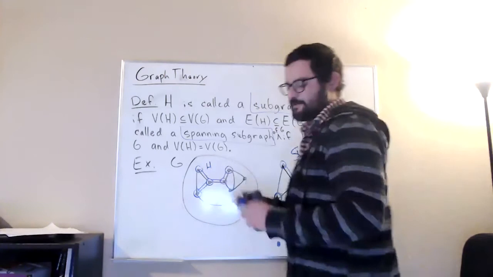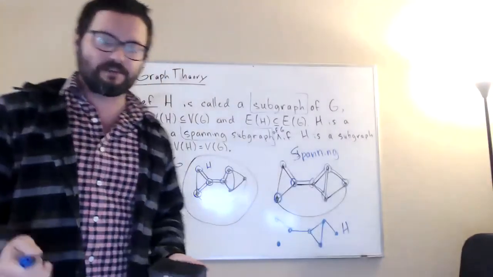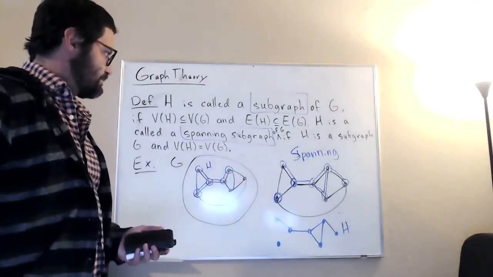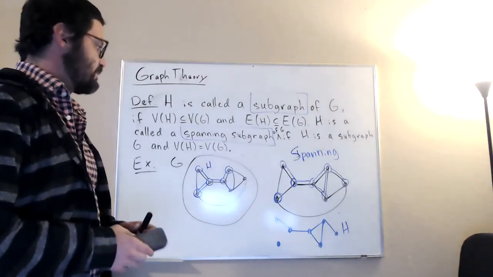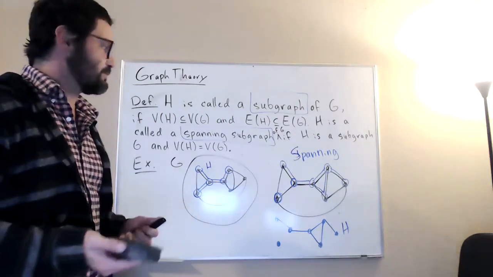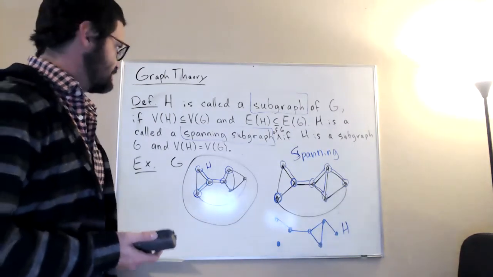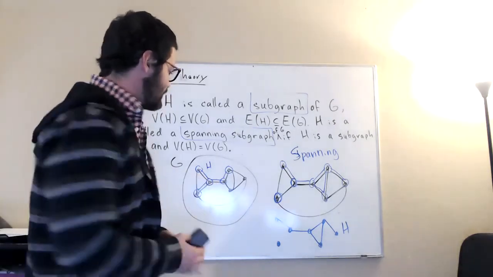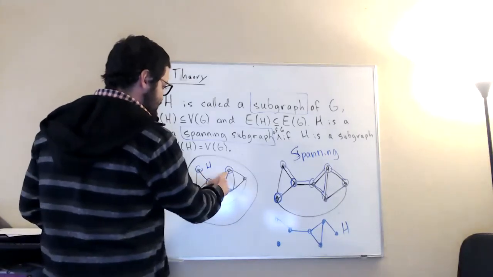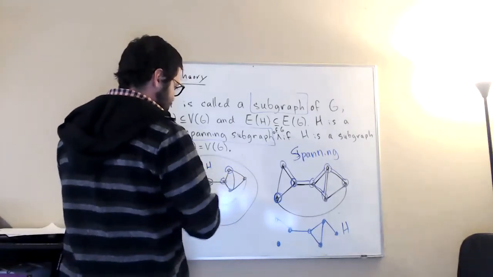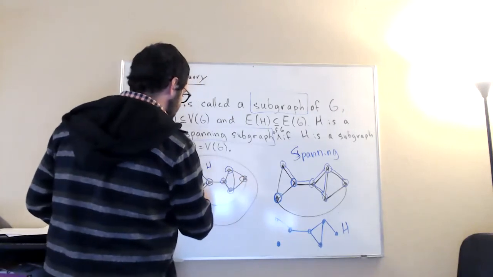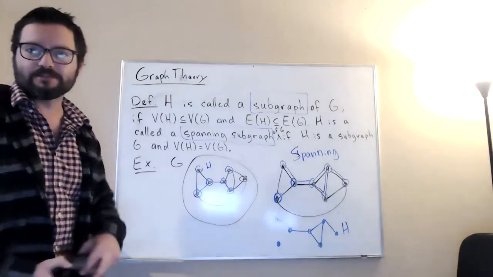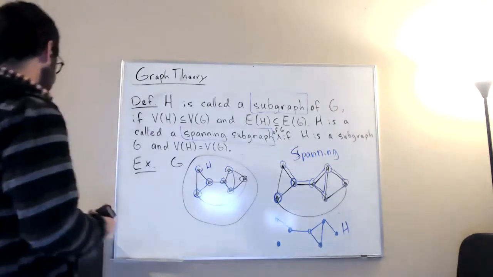H is a spanning subgraph as long as it contains every vertex in the original graph. Okay, but that's just the vertices, not the edges. So the edges could be whatever. You don't have to include the edges. You can leave out edges. One spanning subgraph is just to take all the vertices with no edges. It's spanning, it just doesn't have any edges.